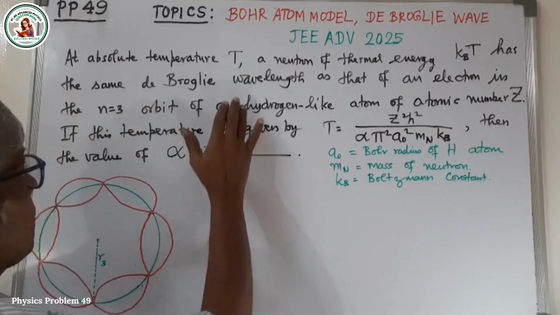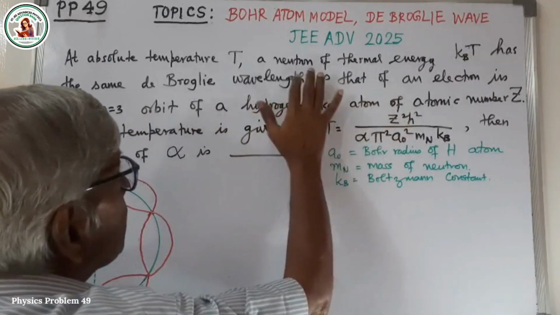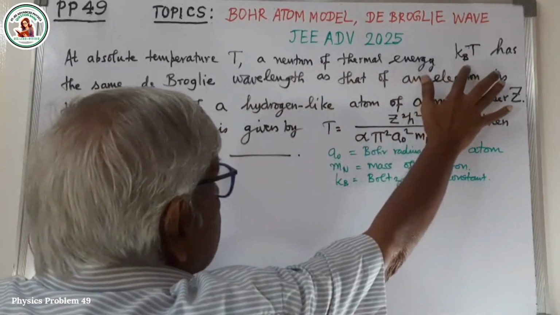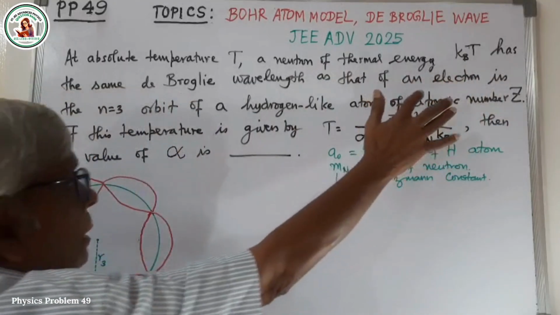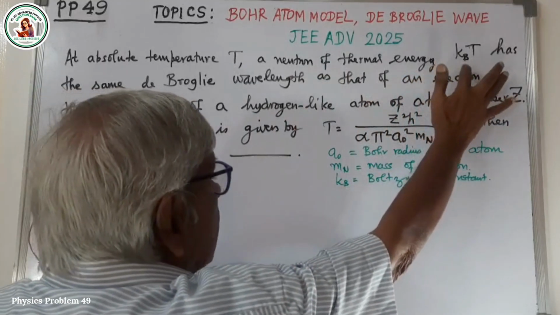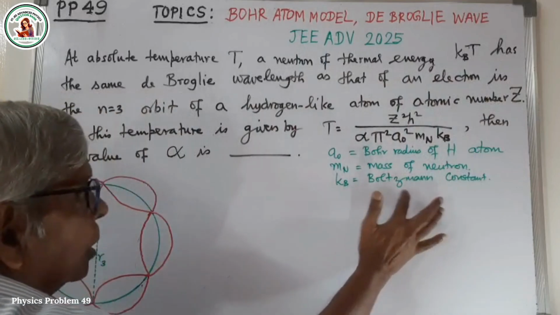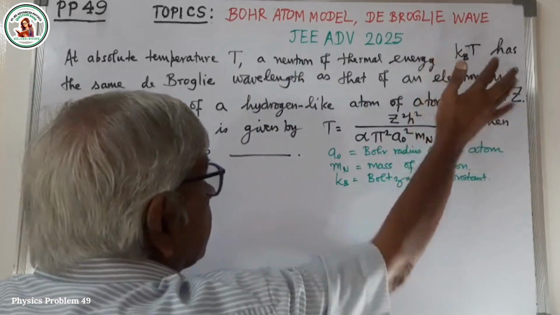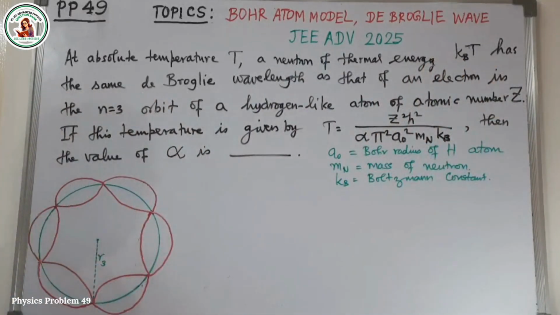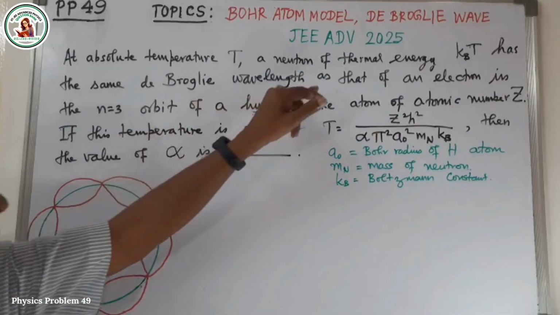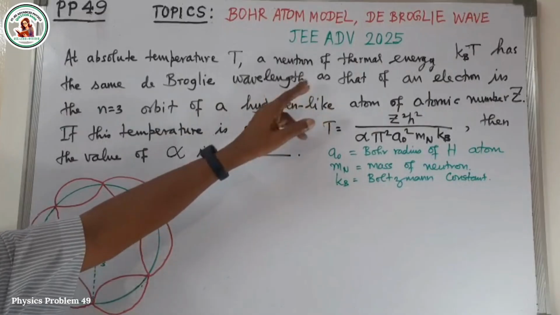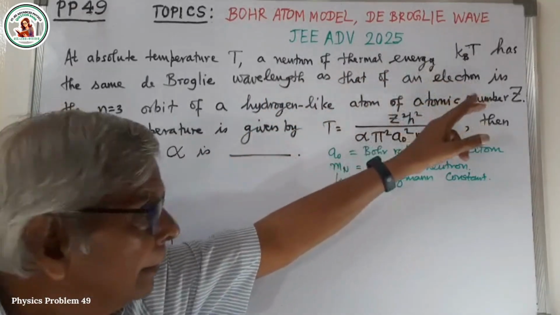The statement of the question is: a neutron is mentioned which has energy equal to kBT, where kB is the Boltzmann constant and T is the absolute temperature. So it has some thermal energy, meaning kinetic energy.